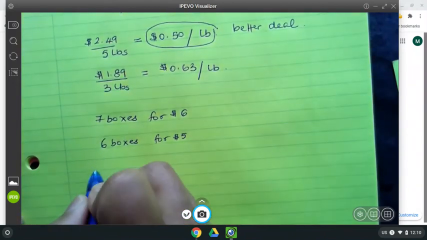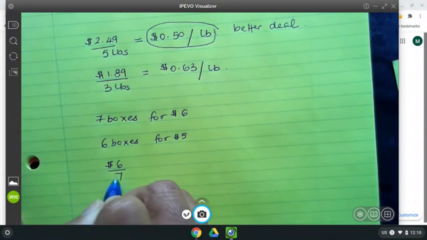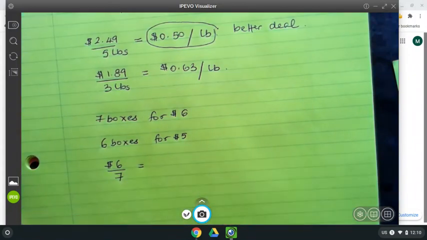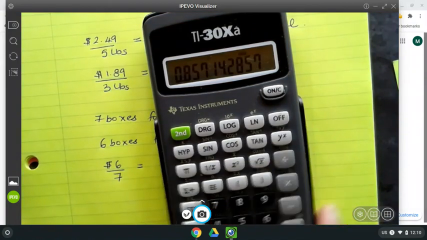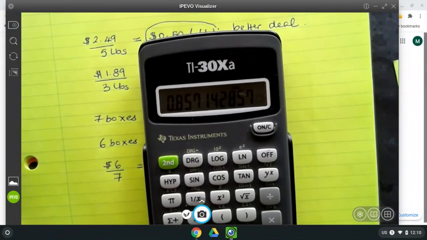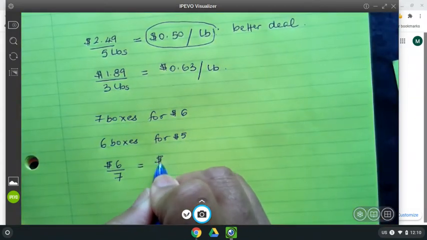Okay, so let me do this. So $6 for 7 boxes. If I do 6 divided by 7, it gives me 0.857 per box. That's the cost per box.